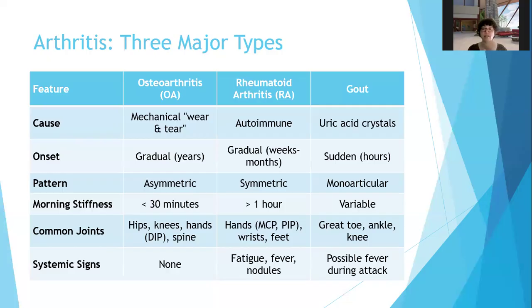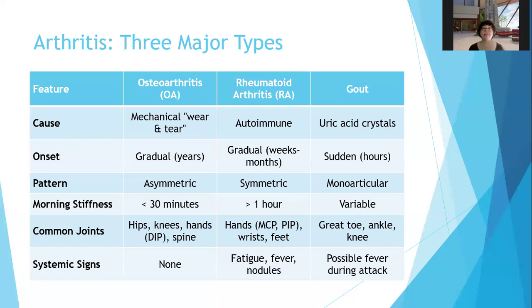Your distal IP joints and your first carpometacarpal joint because we're using it for gripping. Spine is also a common area for osteoarthritis because yes, we are using it all the time and we're loading it all the time. For osteoarthritis, there are no systemic signs, so we don't have any fever or fatigue or any of the systemic signs.